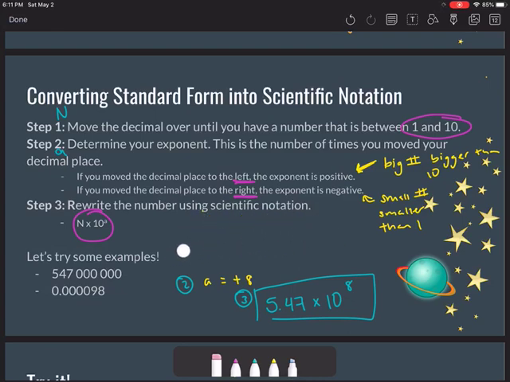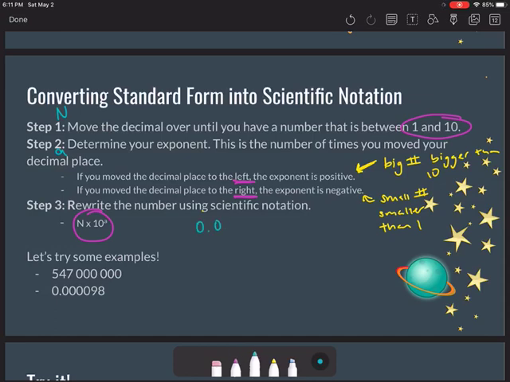I'm going to erase this here. And we are going to look at this next number. We have 0.000098. Okay. So that is our next example here. For step 1, we are trying to determine our n value. We're looking at where our decimal is now, and our decimal is located right here. And we are going to move it over until we have a number between 1 and 10.